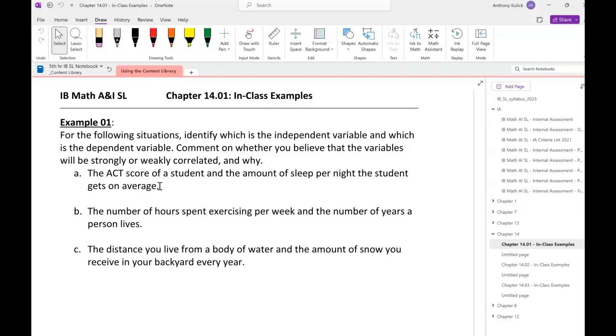So you think that if you get a good ACT score, you're going to sleep more? Oh, the ACT score is the dependent variable. Okay. The amount of hours of sleep is the independent variable. Okay. It's strongly correlated. Okay.